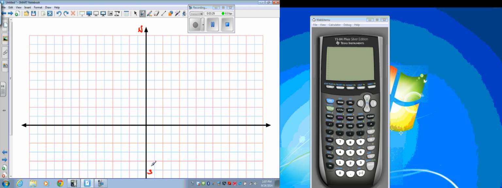Then you can say you're going north so many degrees east, or north so many degrees west, or south so many degrees east, or south so many degrees west. That's another thing they use. So everything is between 0 and 90 degrees, and there are no negatives.